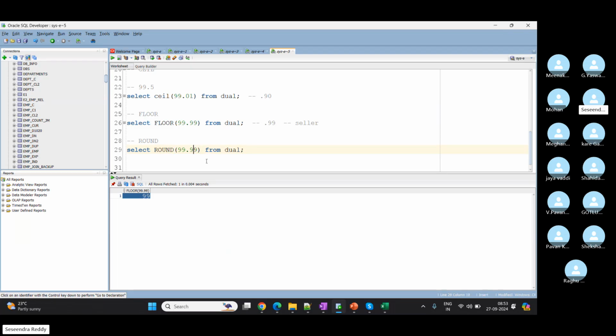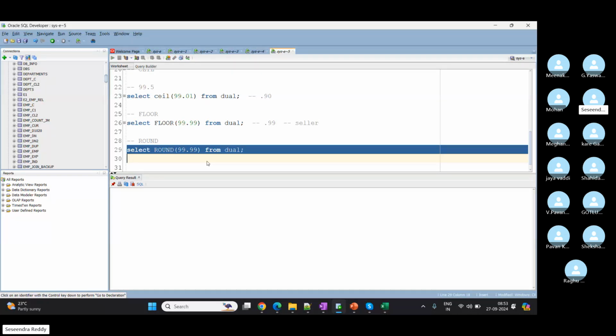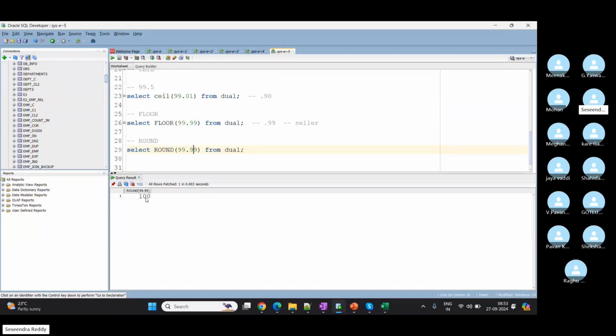I'm applying the round function on the same input which we used for floor. So it is rounding to 100. Here the customer just needs to pay 1 paisa additionally to make it round to 100 rupees, and to pay 1 paisa extra, the customer will also be okay, right?